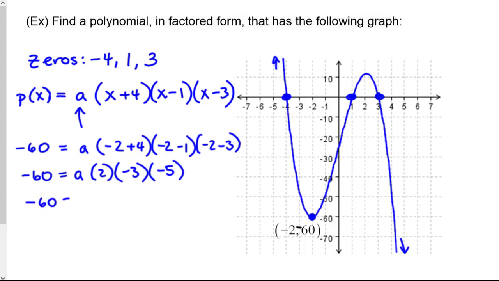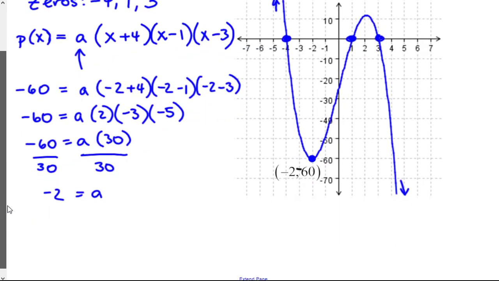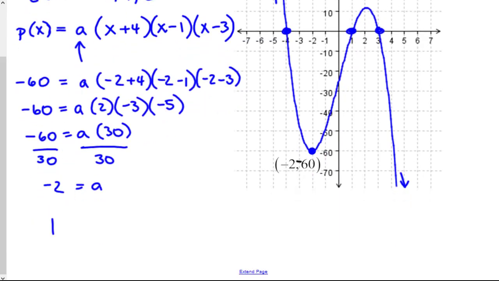So -60 equals a times 2 times -3 is -6. -6 times -5 is +30. So if I divide both sides by 30, I get a is equal to -2.